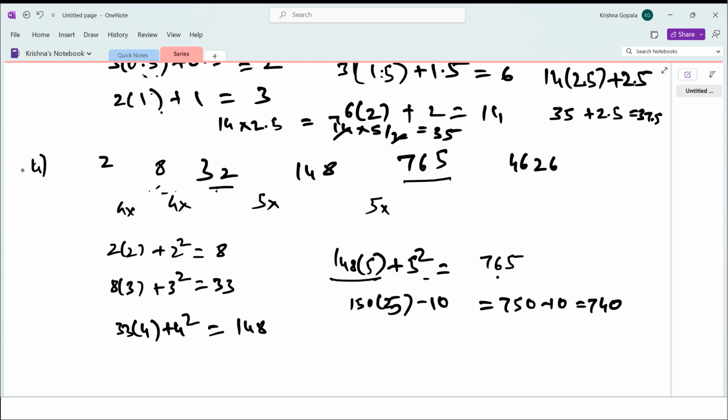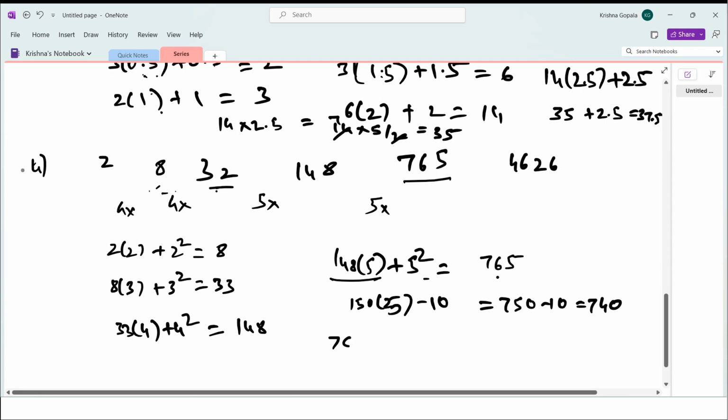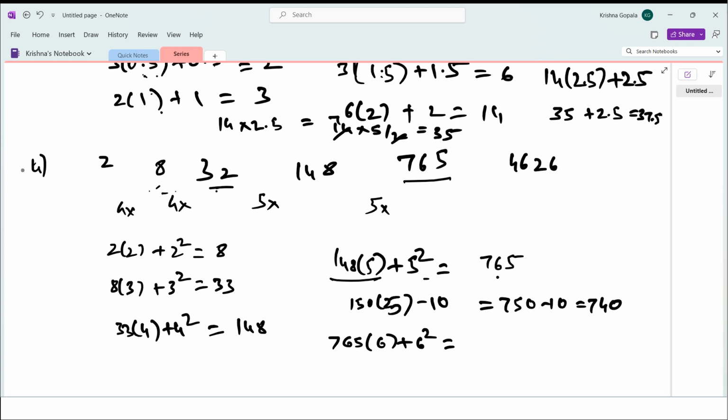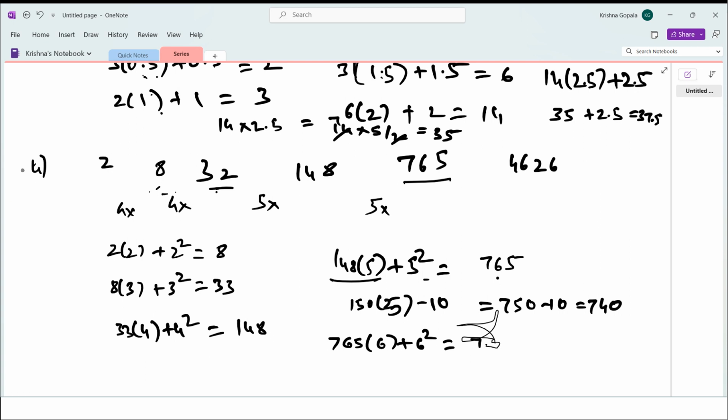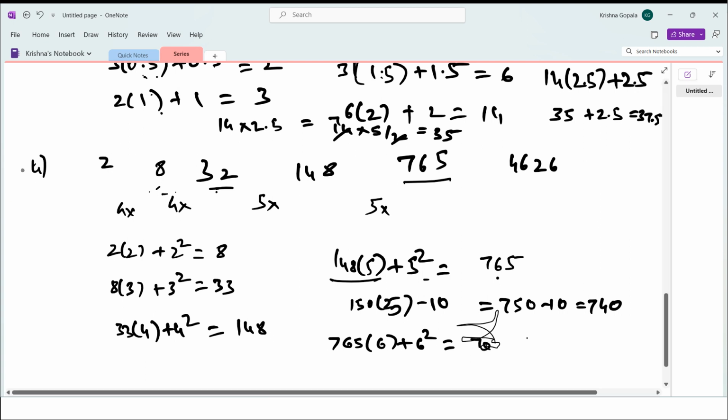Similarly, 765 into 6 plus 6 square. 765 into 6 is how much? So what you will do, this is 700 into 6 plus 65 into 6.